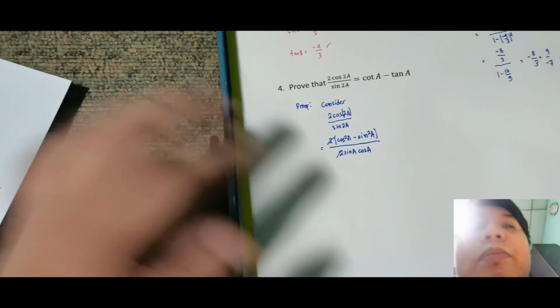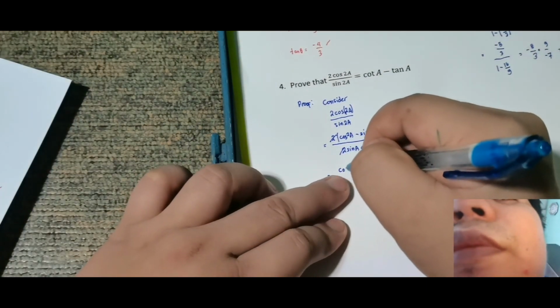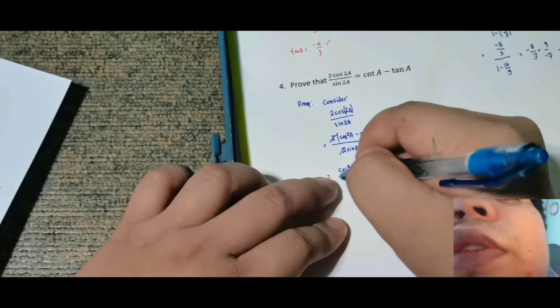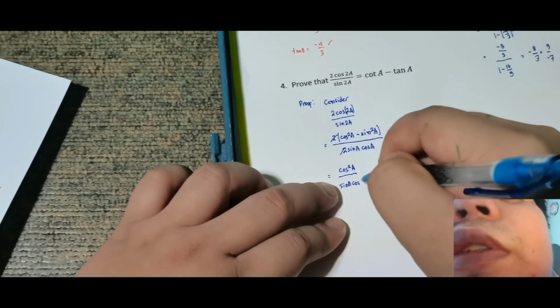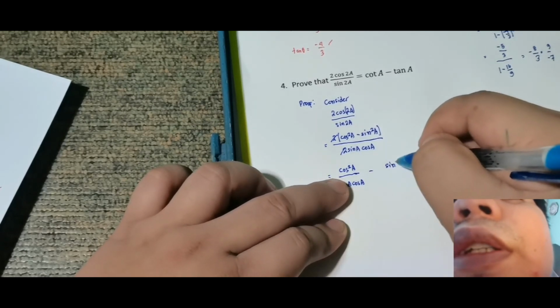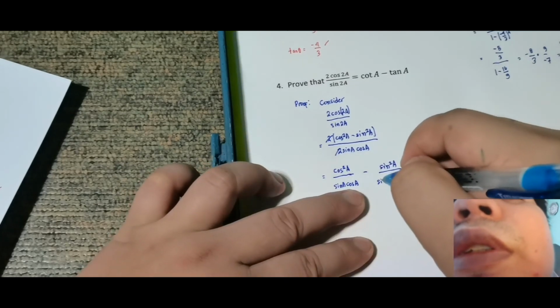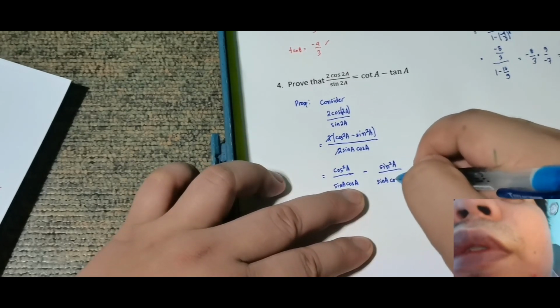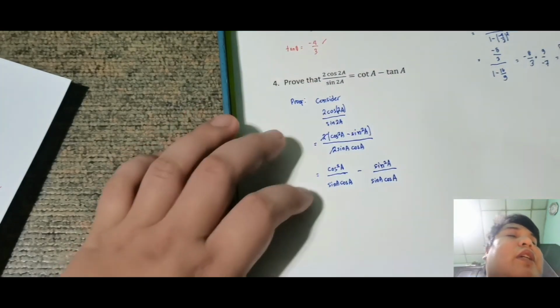Okay, next is bibiyakin ko yan in such case na ganito yung mangyari. This is cosine squared A over sine A cosine A, then minus sine squared A over sine A cosine A. Okay, so cancel dito yung cosine, cancel dito yung sine.